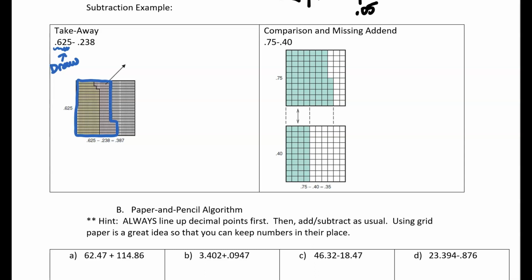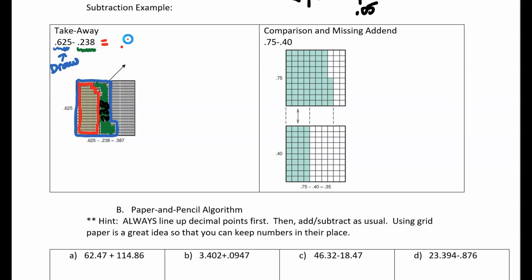And then what we can do is, if we have to take away 238, we can take away 238 of those squares. So 238 is the green part. And then when you take it away, you can identify what you have left. So the leftovers are right here.